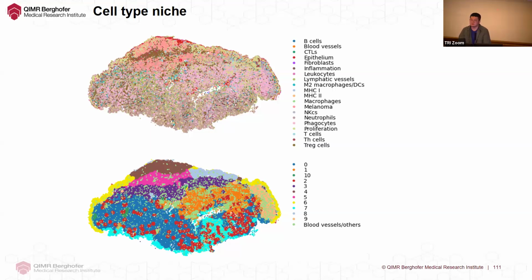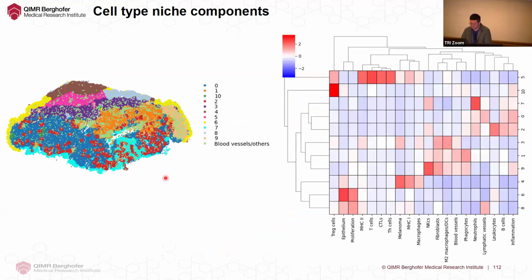When we perform this cell type community analysis, we can group those different cell types into several communities, and each community has a different cell type composition.